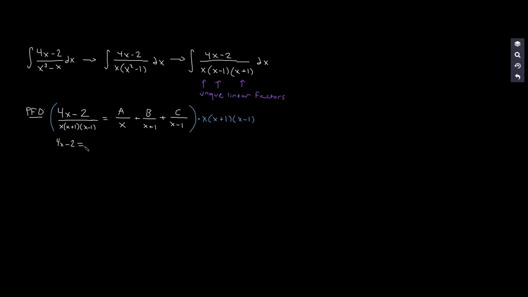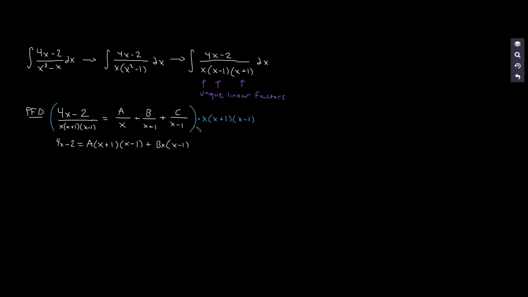We're going to have A times (x plus 1) times (x minus 1), plus B, and the second term here is going to interact with the LCD in such a way that the x plus 1 cancels with the x plus 1 in the denominator, and it's going to be B times x minus 1.